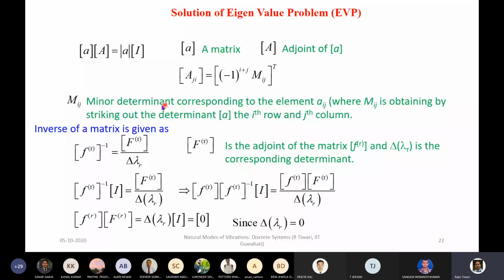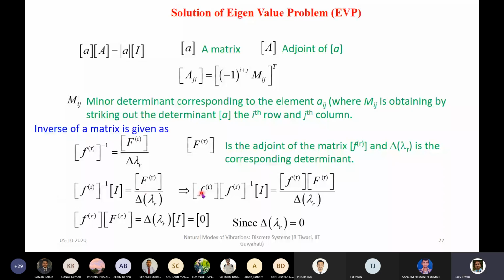So here the inverse of the matrix is given. This is the actual matrix for which we want to find the inverse. F is the adjoint of that. If we divide by the determinant of that, then you can see here I'm multiplying this by the identity matrix, and here I'm post multiplying by FR.